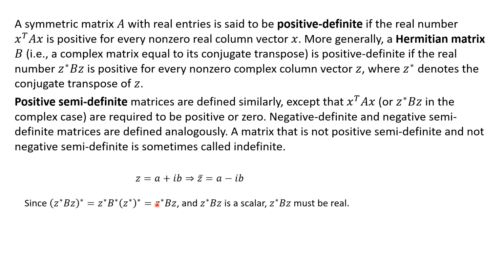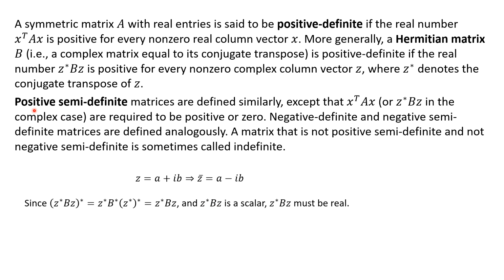Then this just carries over, but we're told that the conjugate transpose of B equals B. That's by the definition of positive definite. And then the conjugate transpose of the conjugate transpose of Z is just Z. So this equals this, and then the argument that I just mentioned follows. It has to be real.